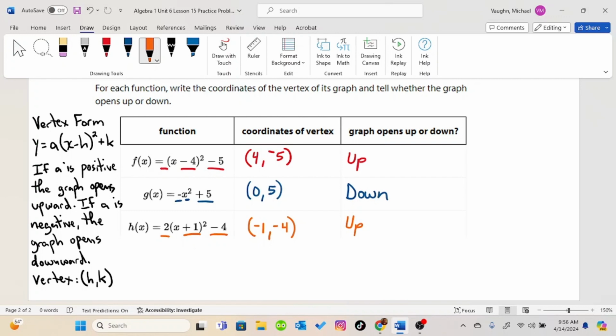If you have any questions about how to use the vertex form quadratic equation to determine the coordinates of the vertex or whether the graph opens up or down, please use class time to ask for further clarification.